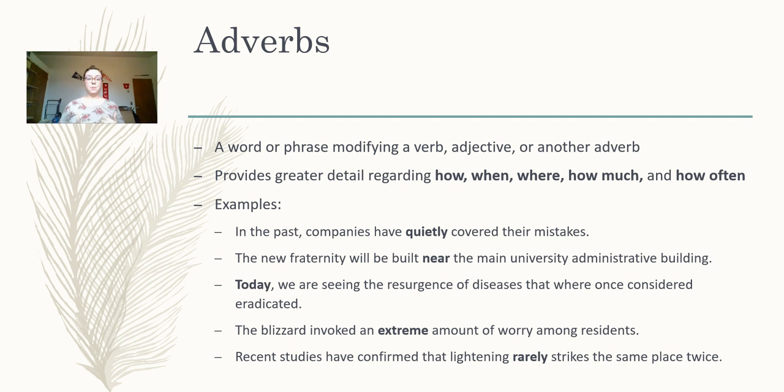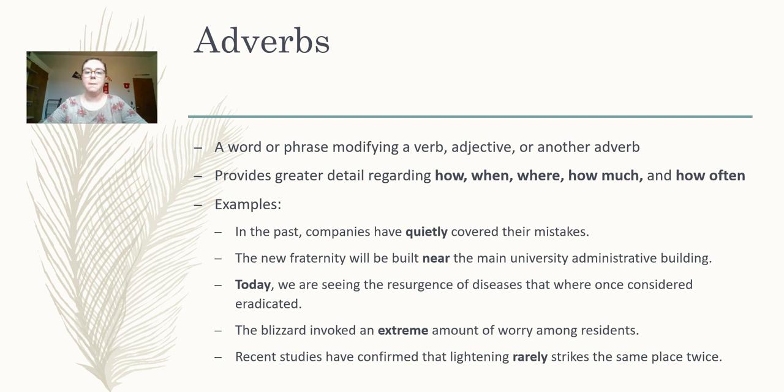So we can see from these examples how adverbs give us the power to provide specific details that could change the way that a reader understands a sentence or understands different components of our writing. So let's look at this first example.